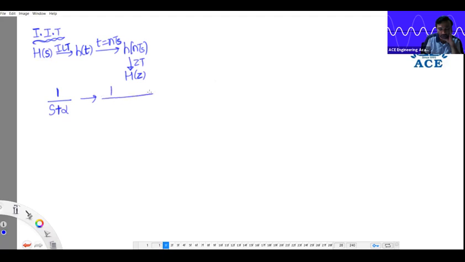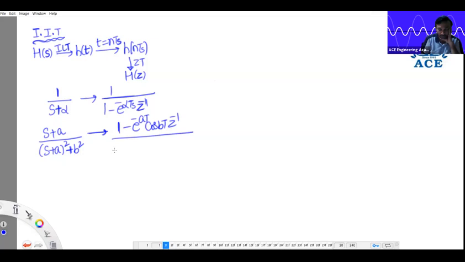What are the formulas we derived there? 1 by (s plus alpha) is equivalent to what? 1 by (1 minus e power minus alpha Ts z inverse). What is the second expression? (s plus a) by ((s plus a) whole square plus b square) becomes (1 minus e power minus aT cos bT z inverse) by (1 minus 2 e power minus aT cos bT z inverse plus e power minus 2aT z power minus 2).